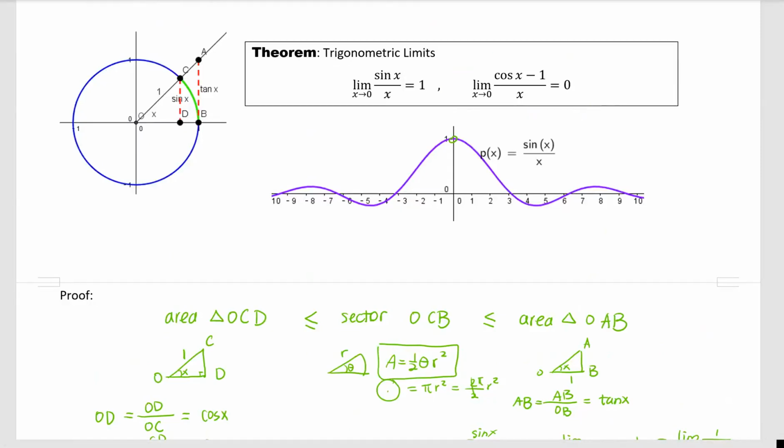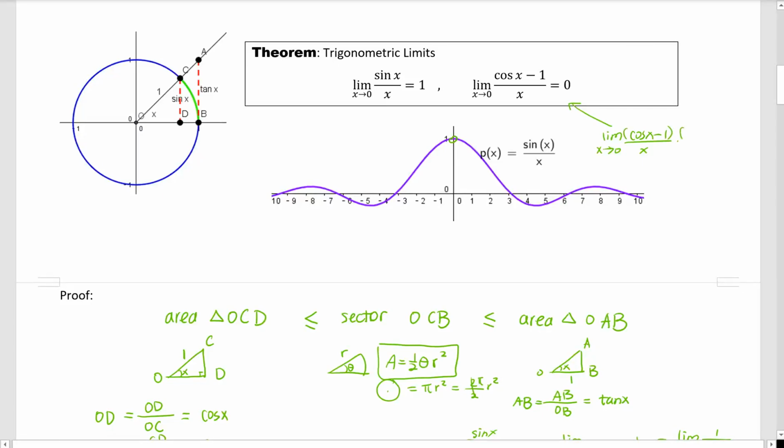Okay, so let me show it here. The limit as x goes to 0 of cosine x minus 1 over x. So we already know the limit of sine x over x is 1. So can we change this in terms of sine? Yes, we can.